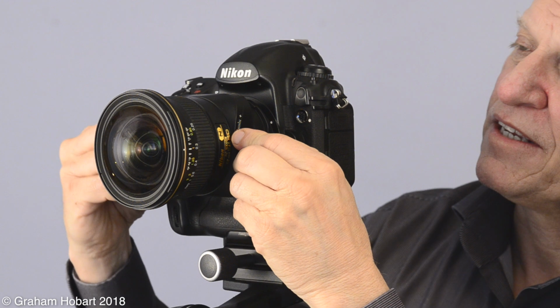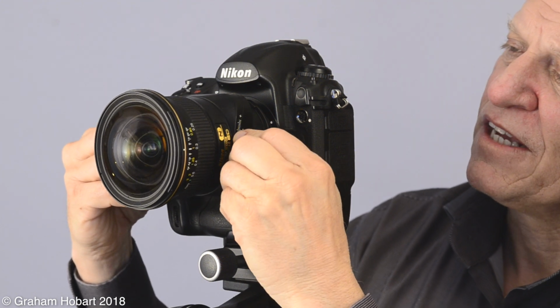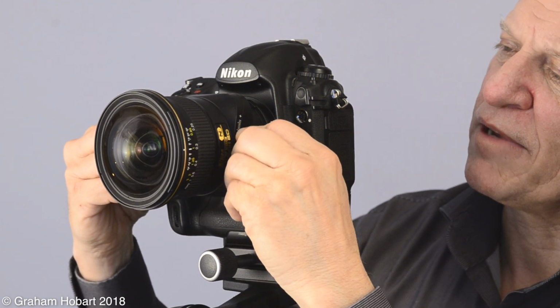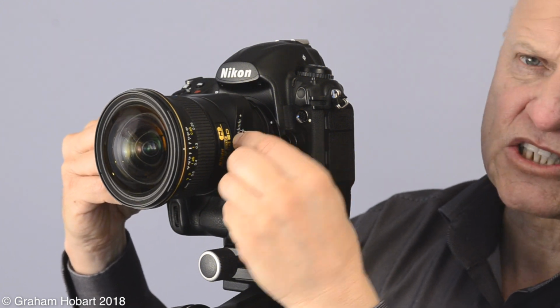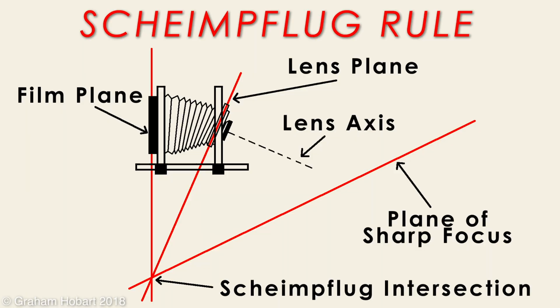And then in terms of depth of field, you can change the plane of focus. And if you want to study the Scheimpflug principle, you'll understand that there's ways to calculate how to maximize it.